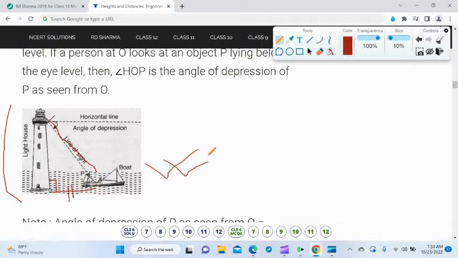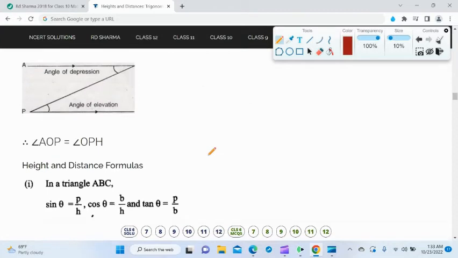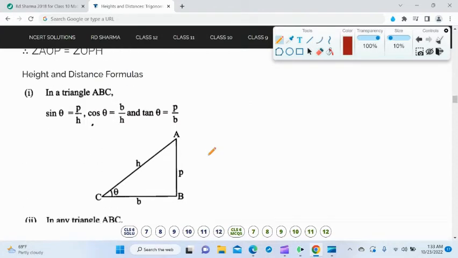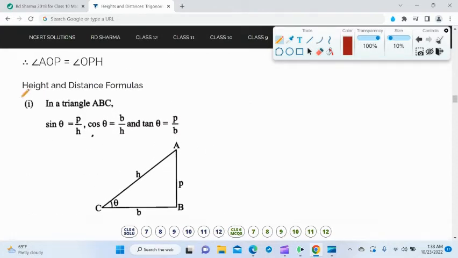Okay. So coming to the basic problems, let's understand what attributes are required to solve them. I'm assuming that we have at least a basic understanding of trigonometry.